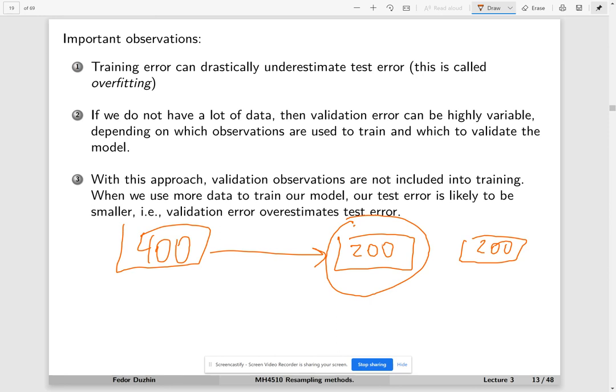Instead of 400 observations, we are using just half of that size, just 200.